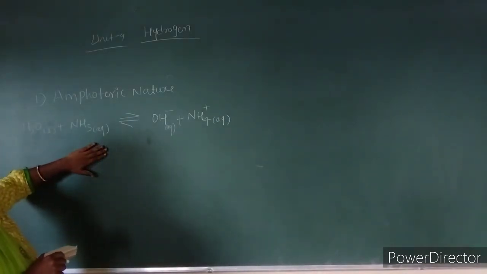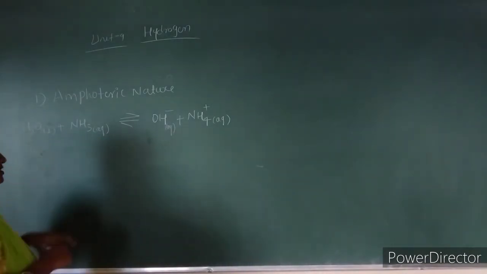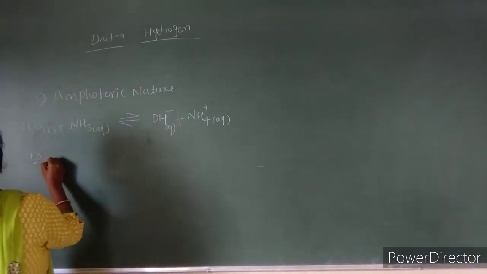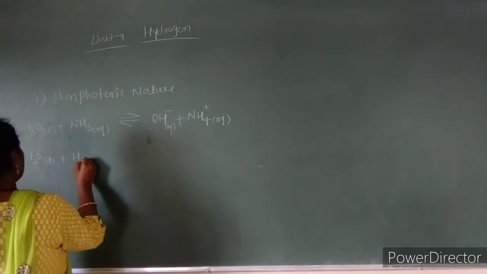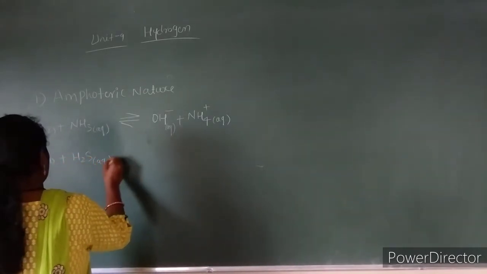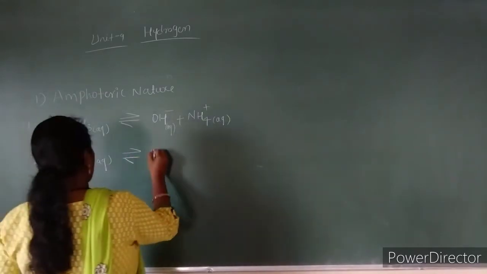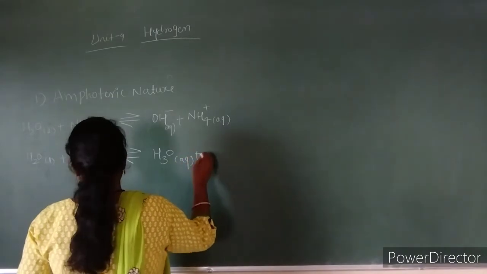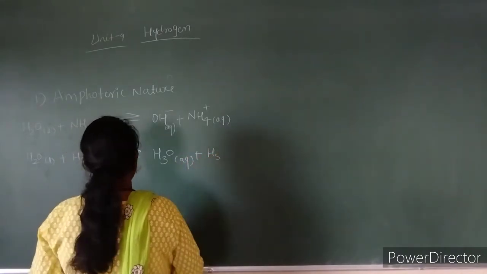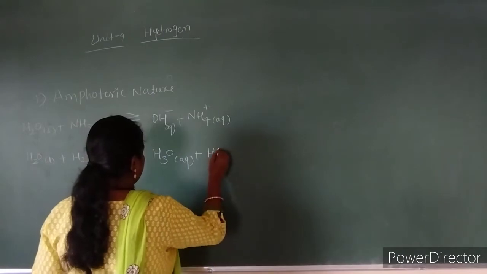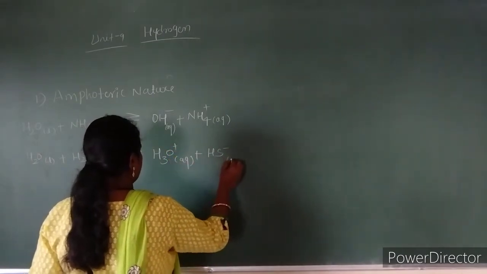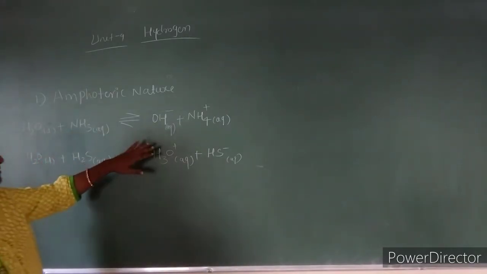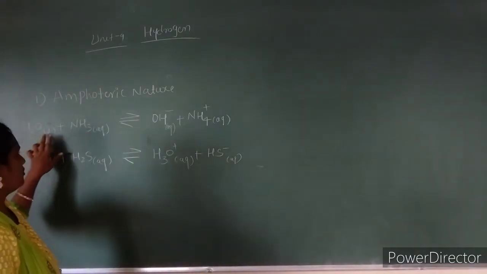This is a reversible reaction. Next, it will behave as a base by accepting a proton from hydrogen sulfide. By accepting a proton from hydrogen sulfide, it behaves as a base, a Bronsted base. So in the first reaction, it behaves as an acid by donating a proton to ammonia.